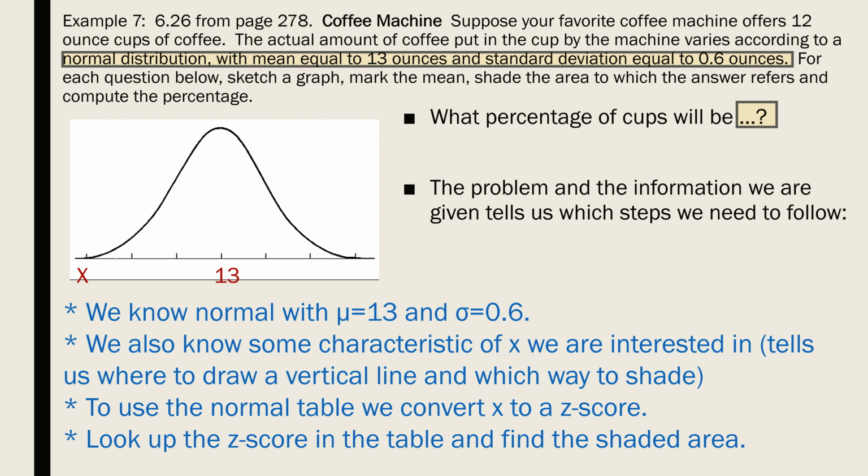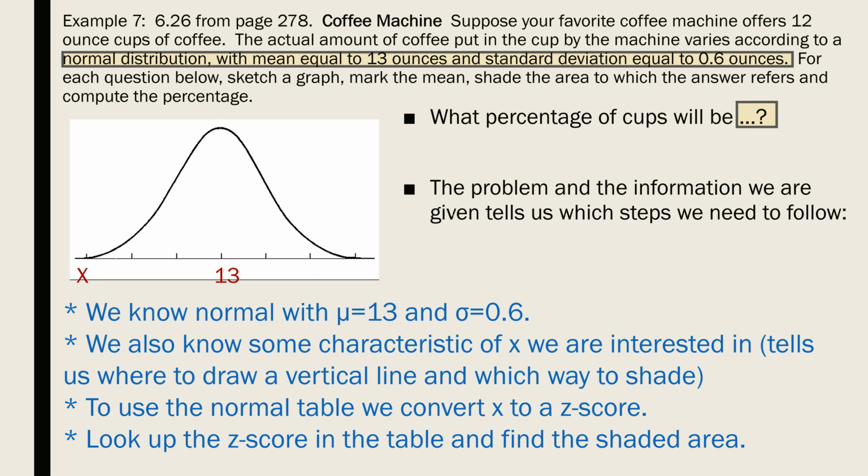This is an example from your textbook. Suppose your favorite coffee machine offers 12 ounce cups of coffee. The actual amount of coffee put in the cup by the machine varies according to a normal distribution, with mean equal to 13 ounces and standard deviation equal to 0.6 ounces.